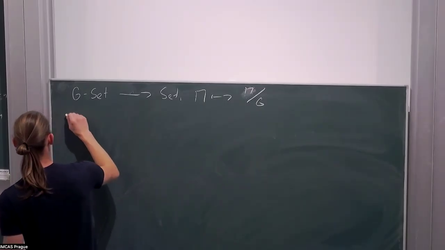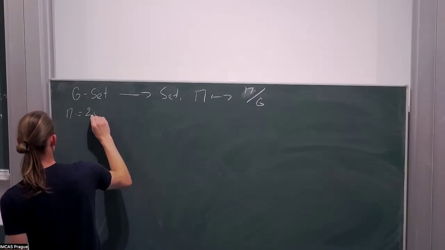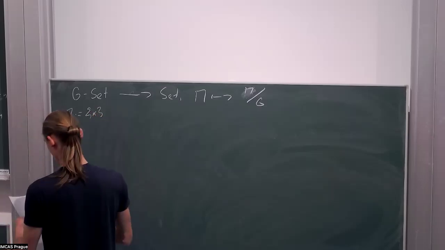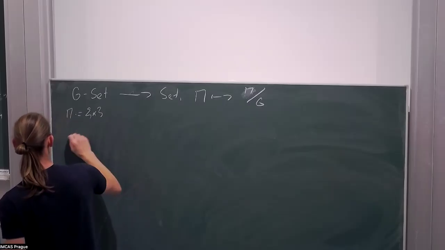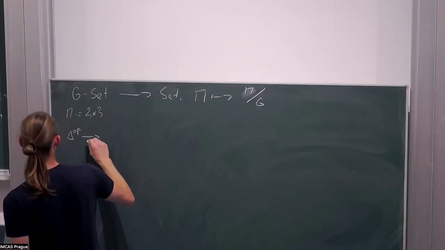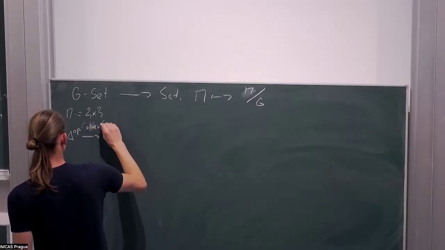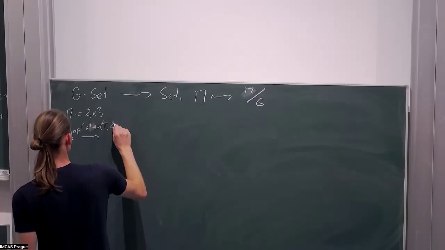And now if I set M as the trivial G-set, then I get a simplicial set by first applying this bar construction from comonad T to the trivial G-set.